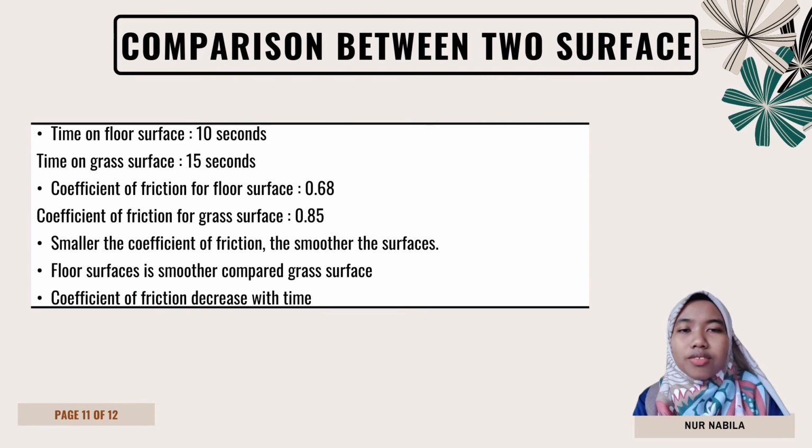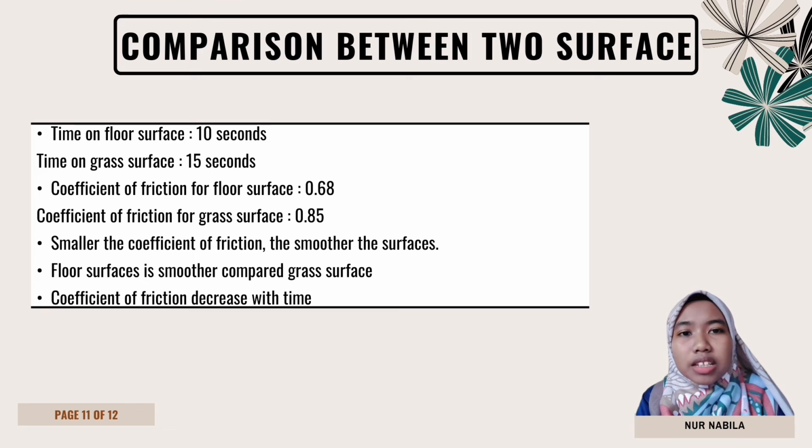Result and discussion. There are two surfaces that we use in our scenario, which are the grass surface and the floor surface. The time taken to pull the box on the grass surface is 50 seconds, meanwhile 10 seconds on the floor surface. Based on the calculation, we can conclude that the coefficient of friction for the floor surface is smaller than for the grass surface, which is 0.68 for the floor and 0.85 on the grass.